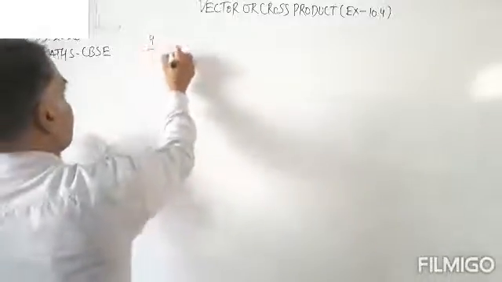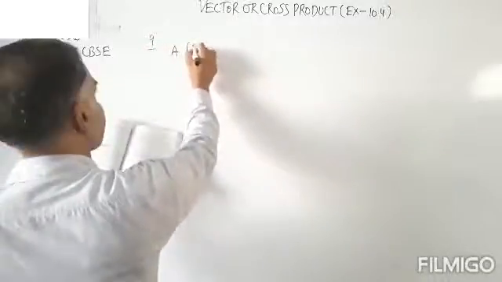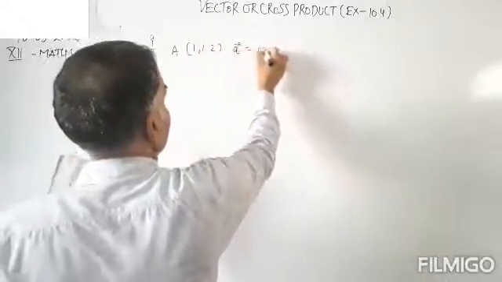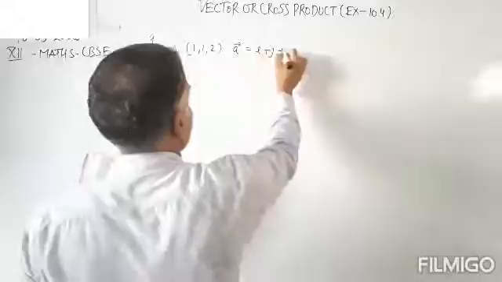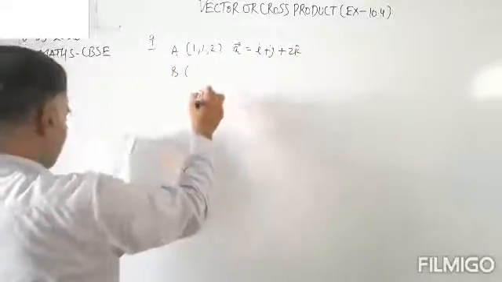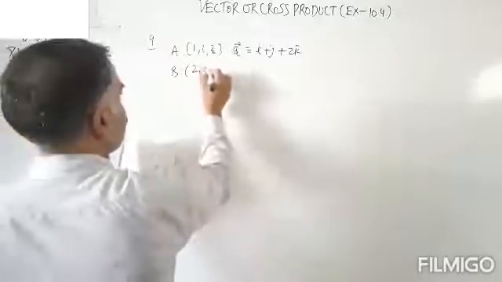question number 9. A is given as 1, 1 and 2. So A vector is i cap plus j cap plus 2k cap, and B is given as 2, 3, 5.